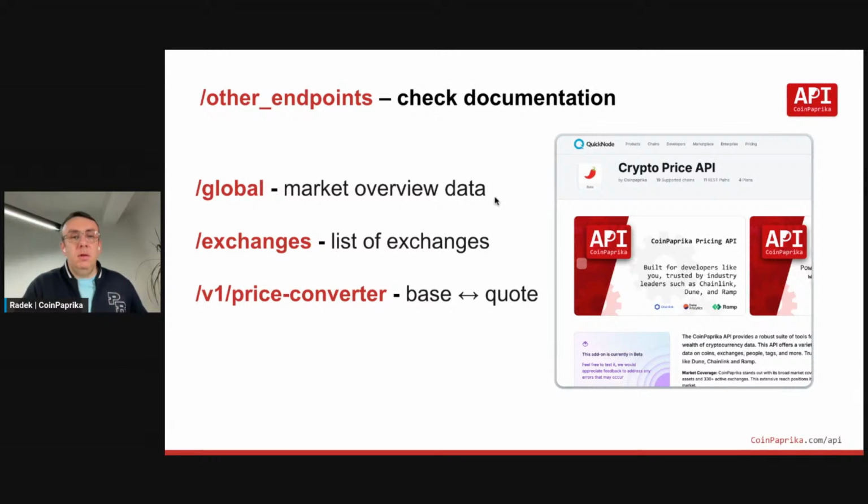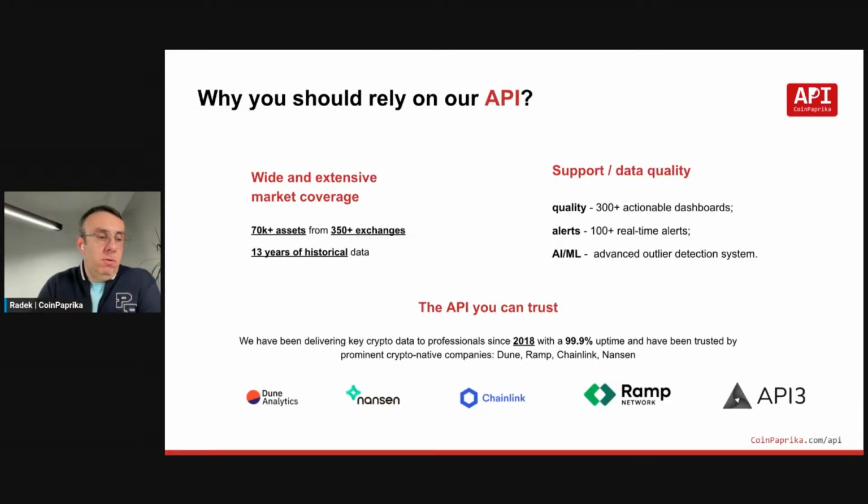For example, global, which gives you information about the current market situation and total market cap. You can get a list of exchanges, or if you are building some kind of crypto to fiat gateway, you can use the price converter, where you can convert Bitcoin to USD or whatever you need.